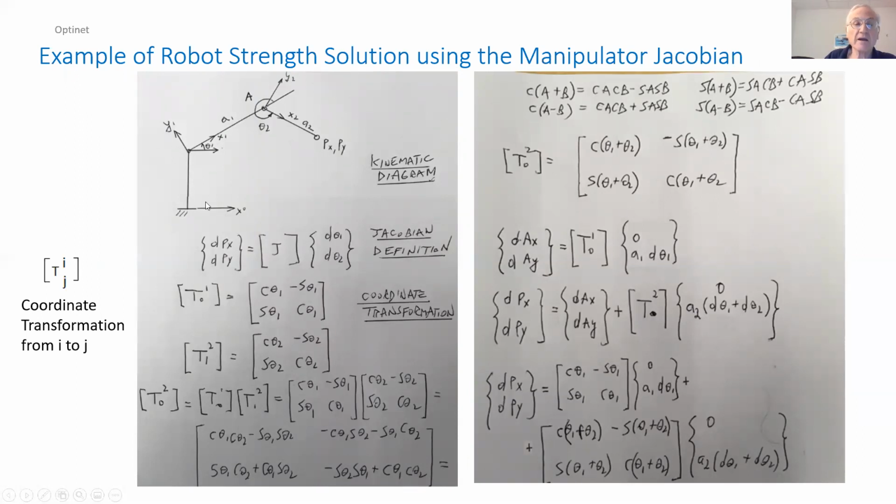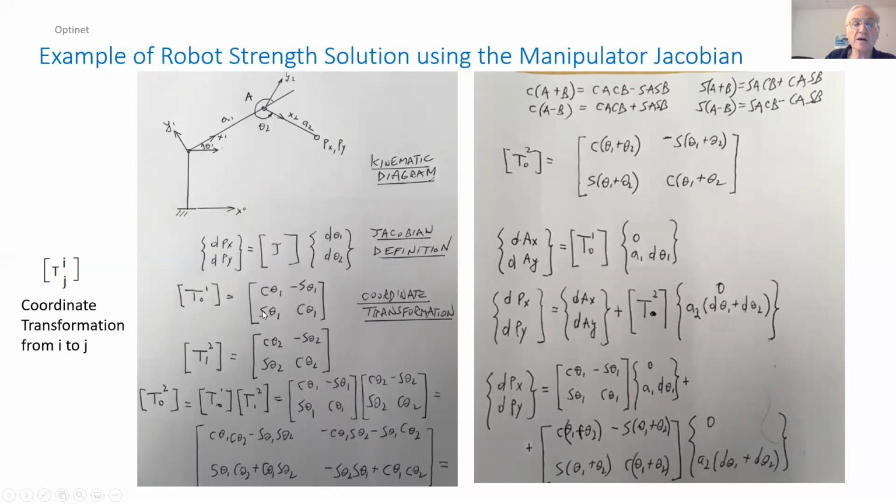Now we can find the Jacobian by taking the forward kinematics based on a simple kinematic diagram. We could do the transformation of a coordinate system from a moving coordinate system to a stationary coordinate system, and from one moving coordinate system to the other.